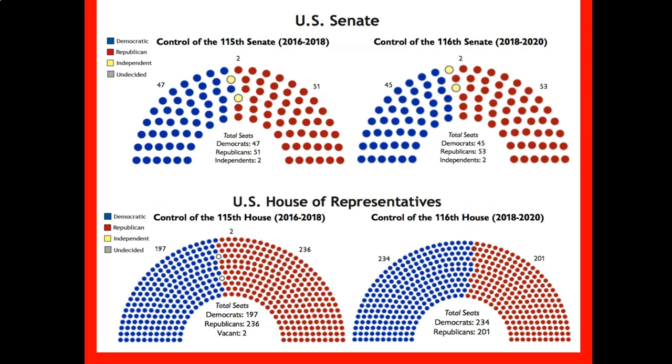Both the Senate as well as the House of Representatives. You can see here a breakdown of how the power shifted, especially in the House of Representatives, from 2016 to 2018. You're more than welcome to pause this video in order to see how everything changed.